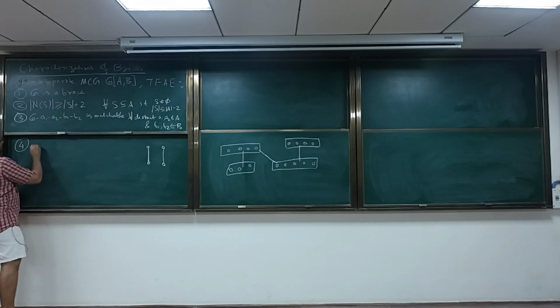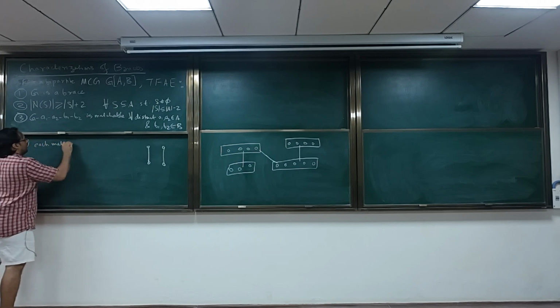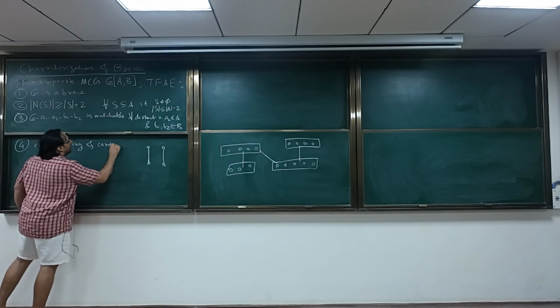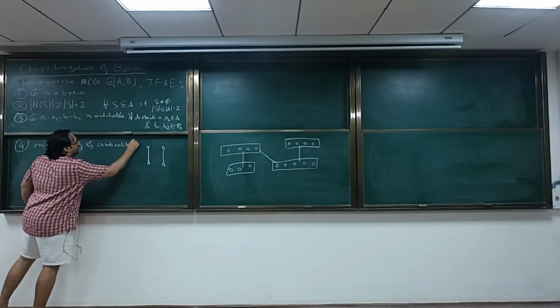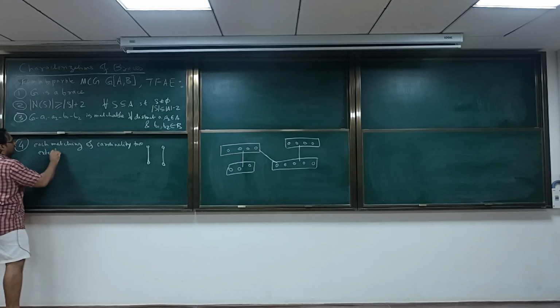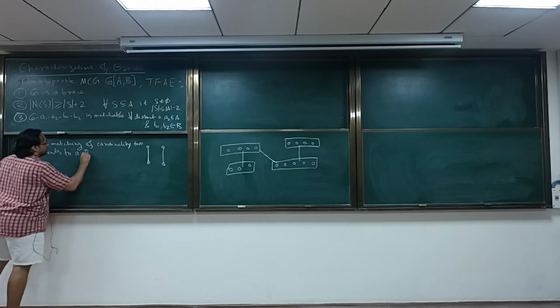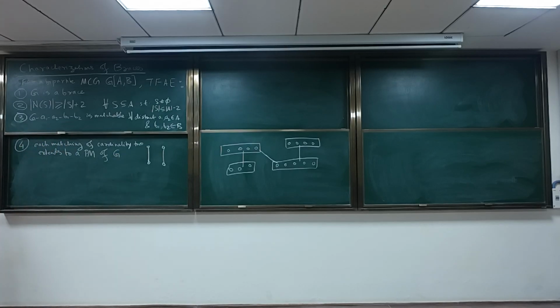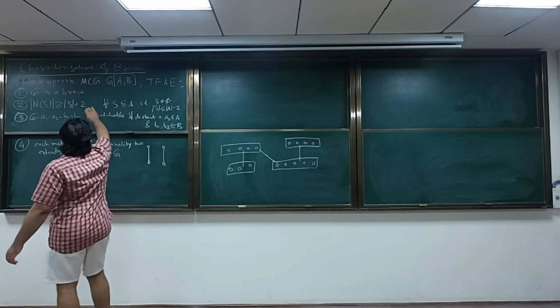So in fact, it is also true that each matching of cardinality 2 extends to a perfect matching of G. In other words, any pair of non-adjacent edges participate in a common perfect matching. It turns out all these 4 are equivalent.